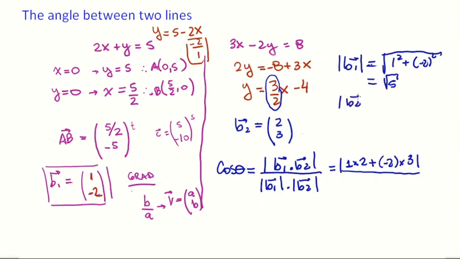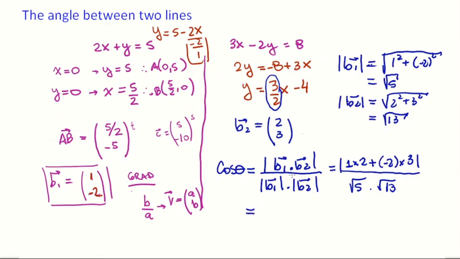What about b2? We have 2 and 3, so that's 2 squared plus 3 squared. 2 squared is 4, 3 squared is 9, so this is root of 13. So we're going to have here root of 5 times root of 13.